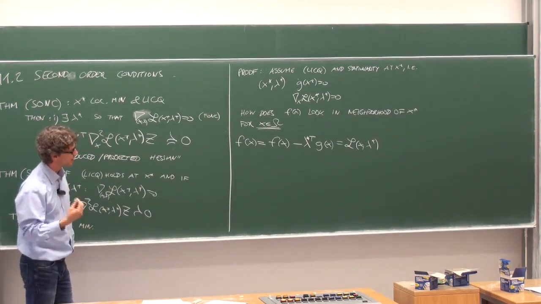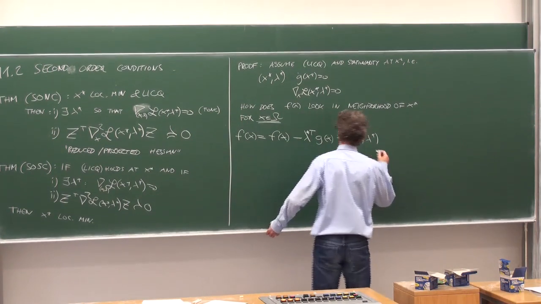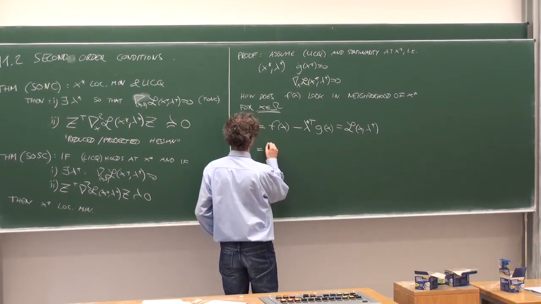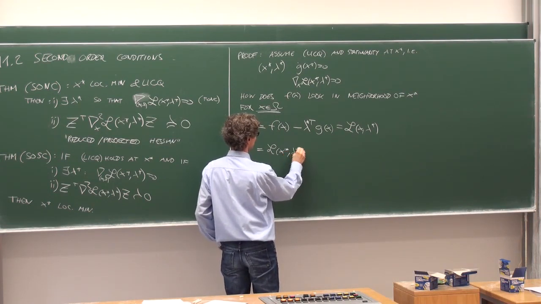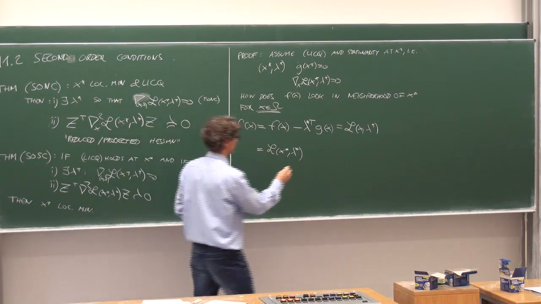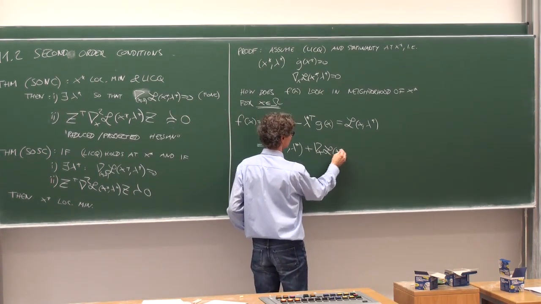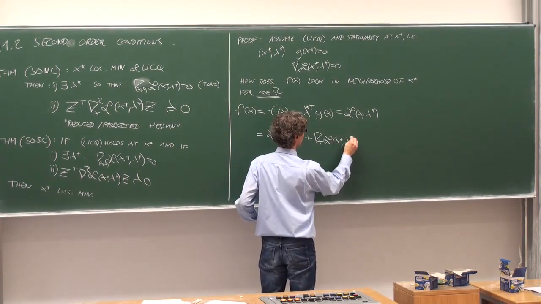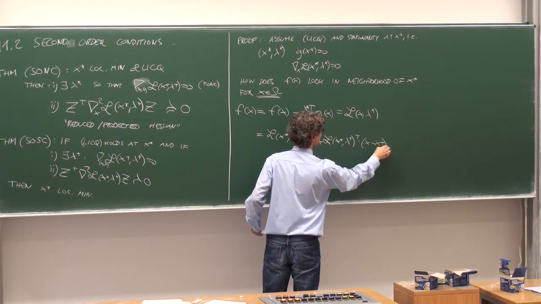But now that I've done this, I can use Taylor. So I will use a Taylor expansion and I will say, okay, it's the Lagrange function at the point x star, plus the first order Taylor term. So I take only gradients with respect to x now. The gradient at x star, lambda star, transpose times x minus x star.